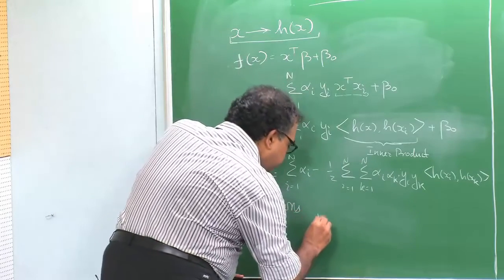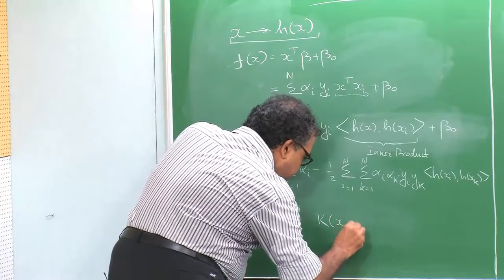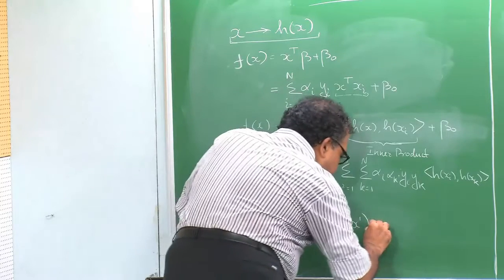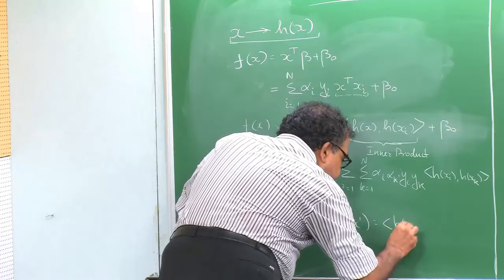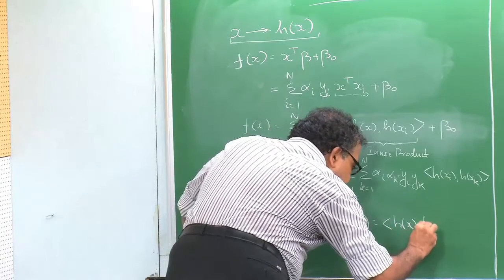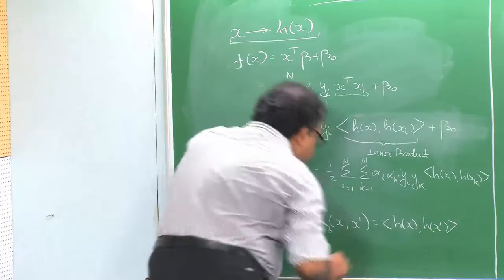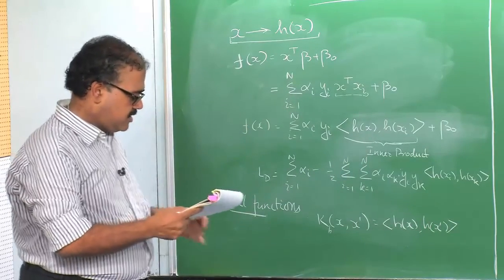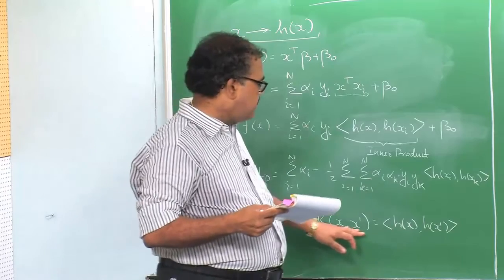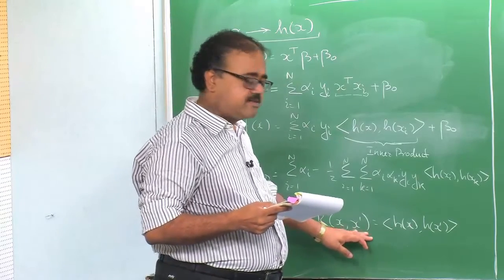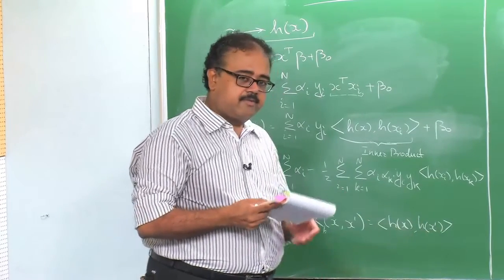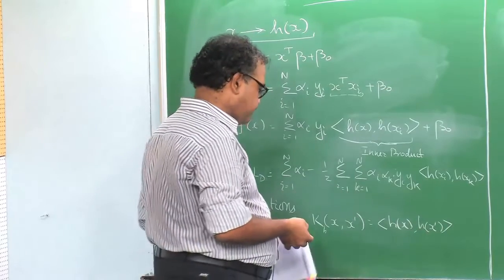Essentially, the kernel corresponding to the function h, when you give it as input x and x prime, is going to compute the inner product of h of x and h of x prime.